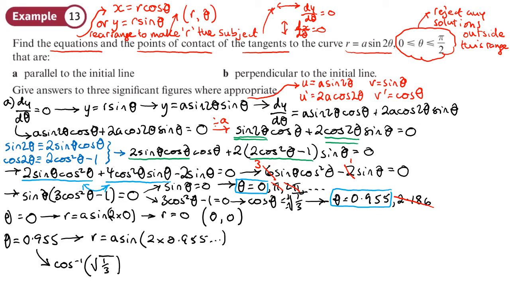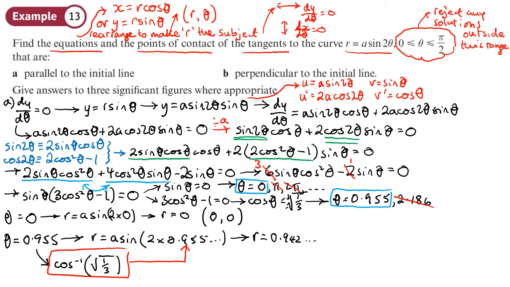I'll put dots to say it goes on, but actually what I'm going to type in is not 0.955, but the cos inverse, so 2 times this, so I get an exact value for r. So let's do that and see what we get for r. Now that actually gives us a decimal, 0.942. Now I'm going to see if there's another way we can get an exact answer.